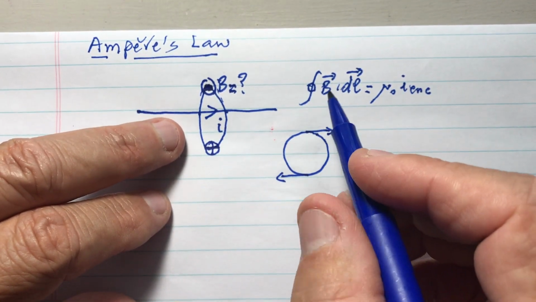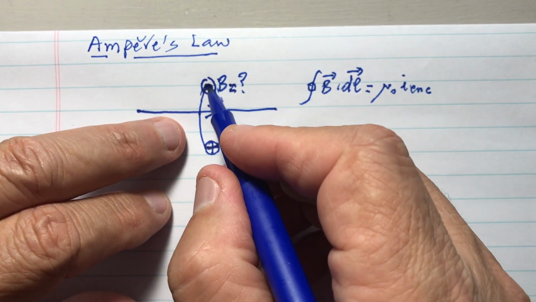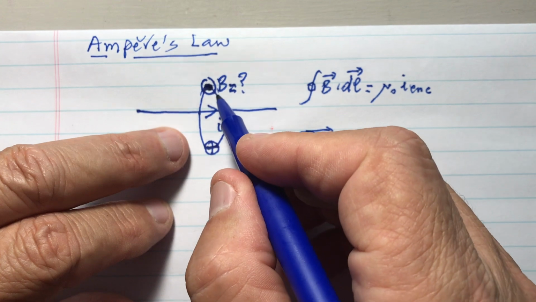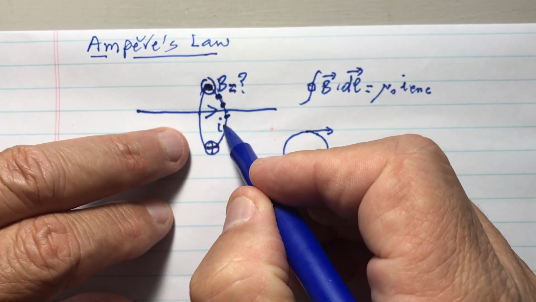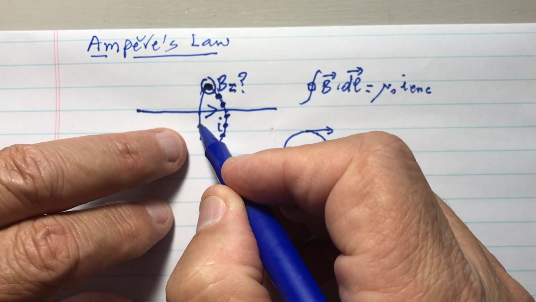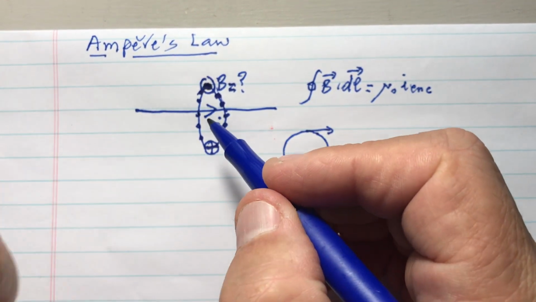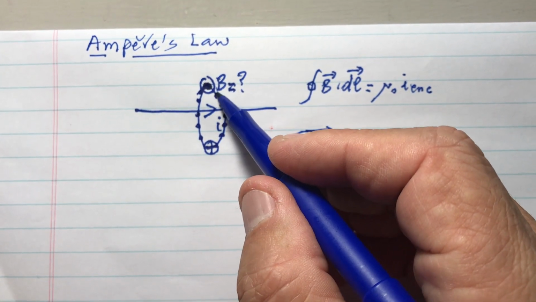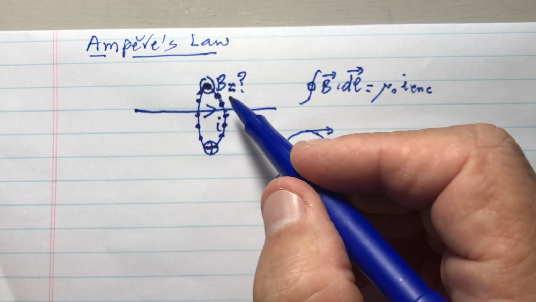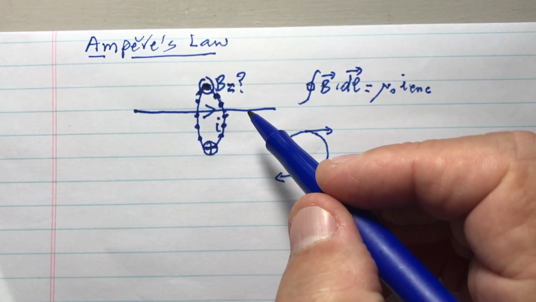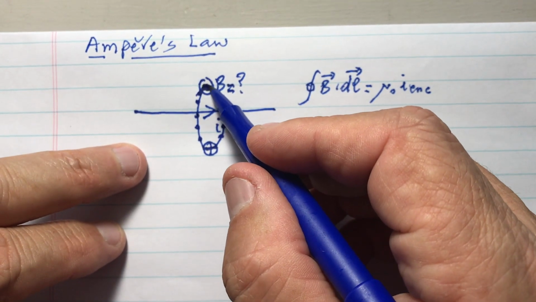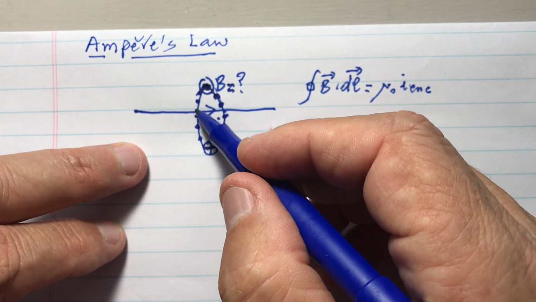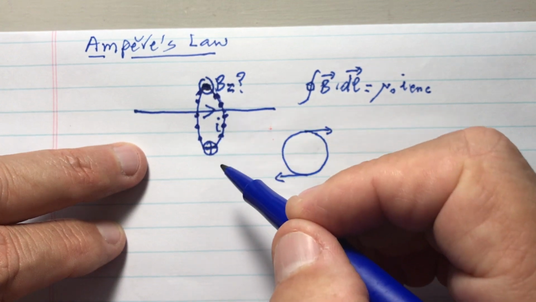Now you can see that the B field here and there on the loop is the same, because the B field depends on the distance, how far you are from the wire. These points are all the same distance from the wire, the same radius, so this B field is constant.